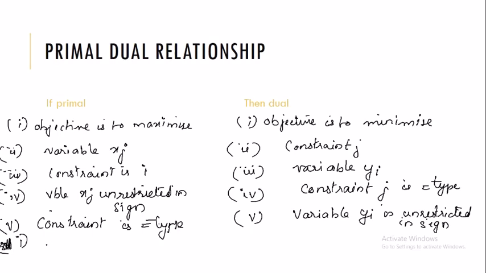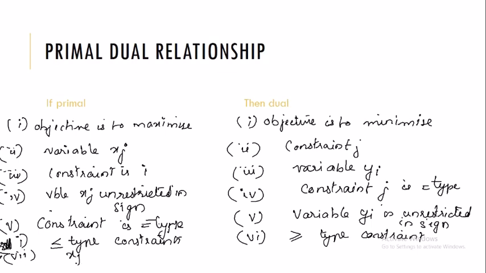Now if you have a less than or equal to type of constraint in the primal, then in the dual it will be greater than or equal to type of constraint. Okay, one more, the last one.